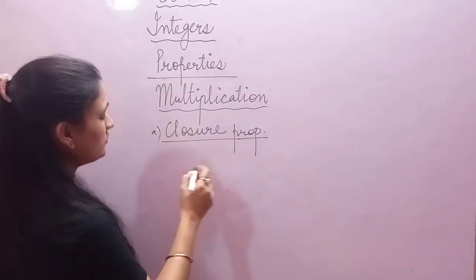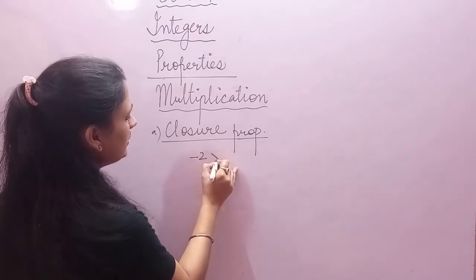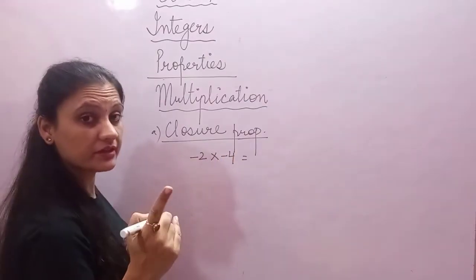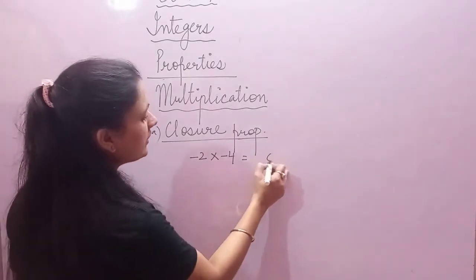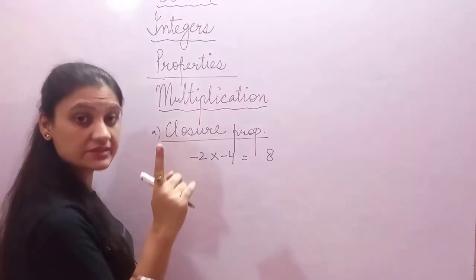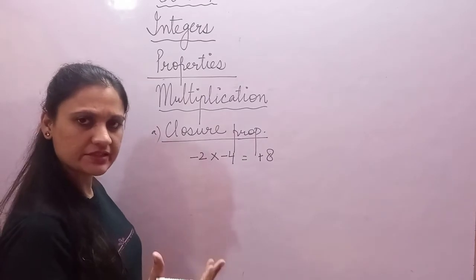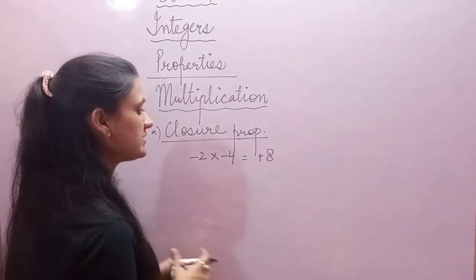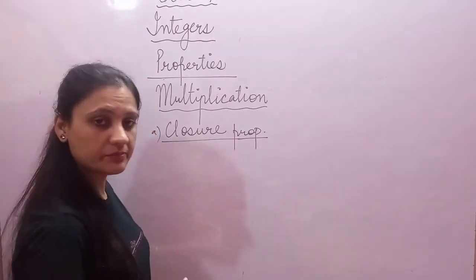Let's take two integers, say -2 multiplied by -4. Do remember, right? Even and odd number of negative signs. 4 2s are 8. How many negative signs? 2 negative signs means even. So answer will be positive. So 8 is an integer or not? Yes, it is an integer.